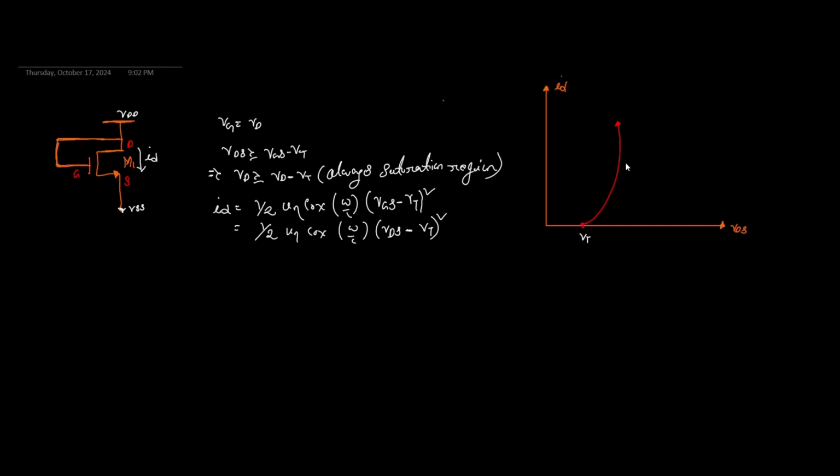And from this curve we see that a diode which is in forward bias has a similar response, right? So that's why it's called a diode-connected device.